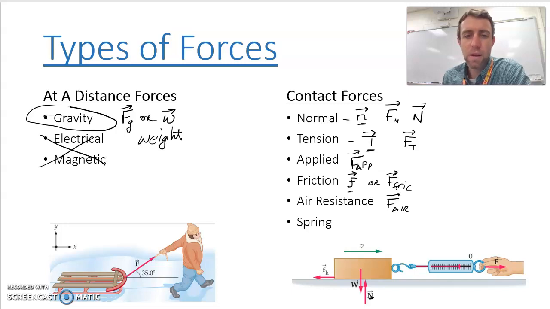It depends on which source you use or look at, but F sub air is usually how I will show it. Spring force, this is the force that a spring exerts on something. It can be a push force or a pull force depending on the type of spring. All right, so these are the most common forces we will use. You will see these quite a bit.